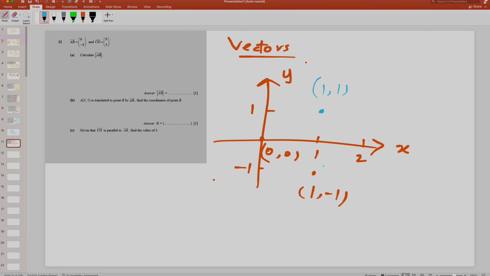But for vectors, you represent it as: I go to the right by 1 unit, then I go up by 1 unit, so it's 1 unit, 1 unit. So the point is here, which means to reach it, you start from the origin, go to the right by 1 unit, go up by 1 unit, so this is your vector. If you represent it in this manner, it's 1 1.